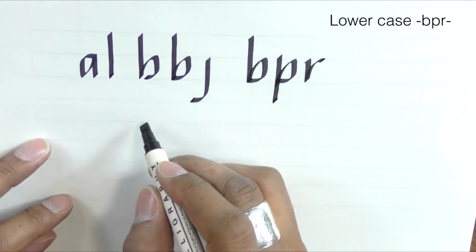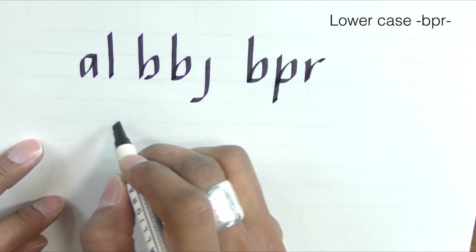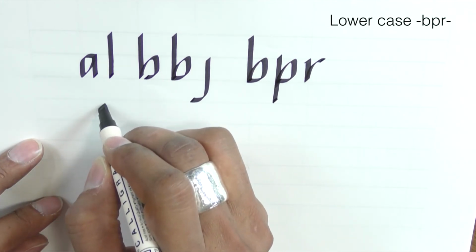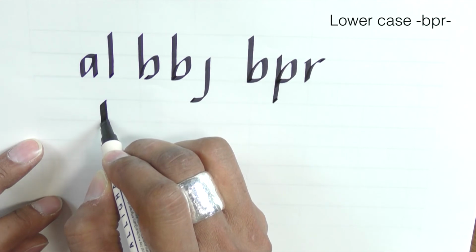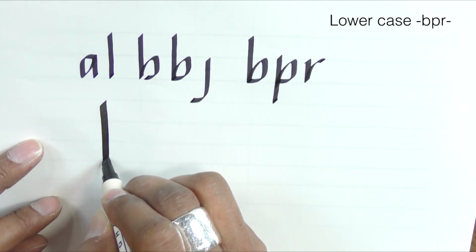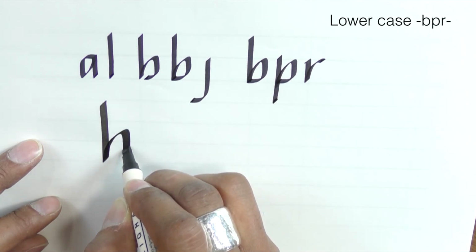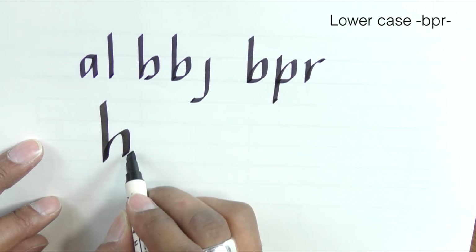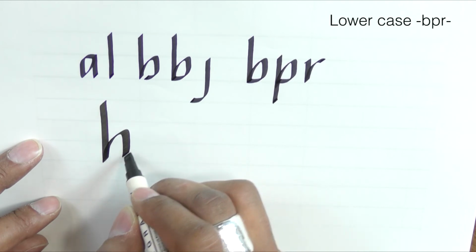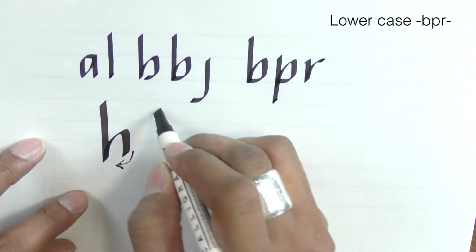So we have B, push back, up and down and there. Do you see where the stroke is starting to get thin because you're going to push back in on yourself?